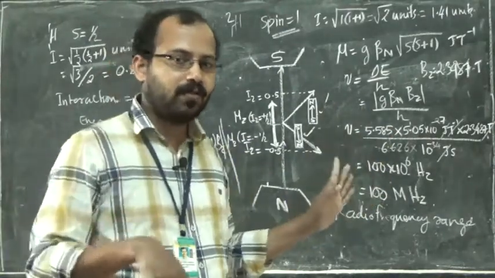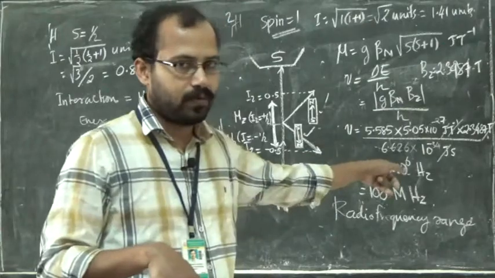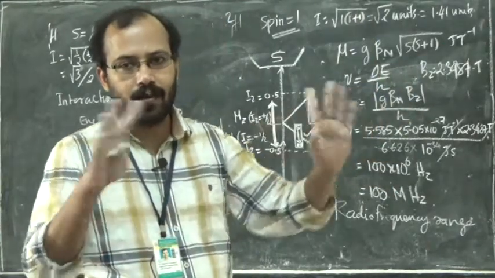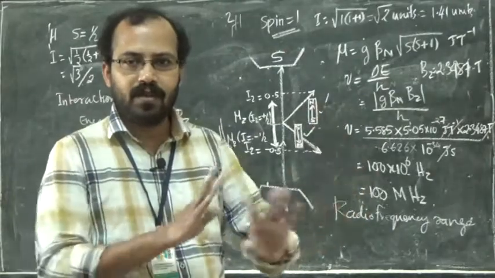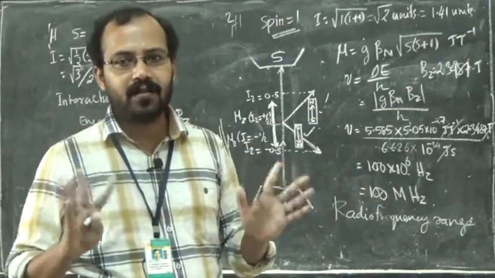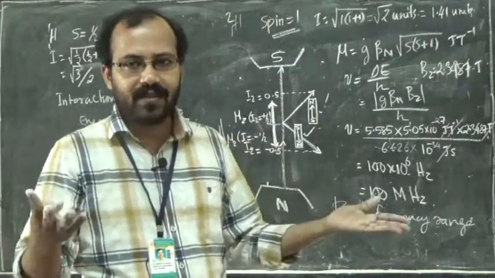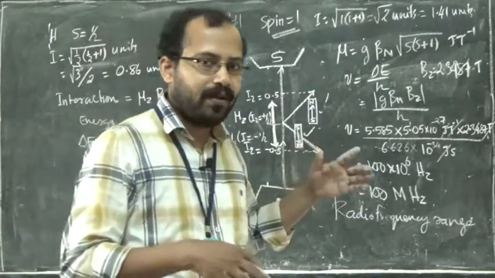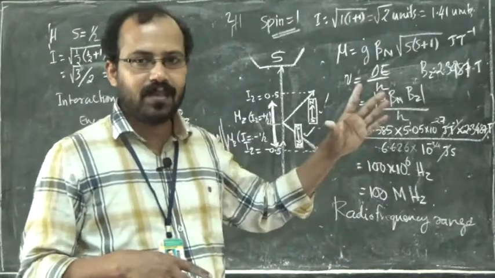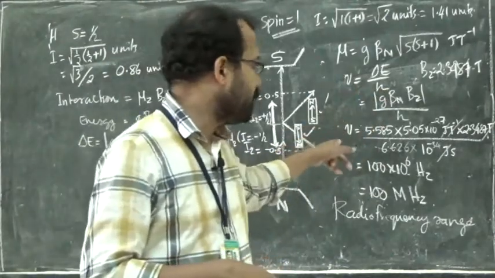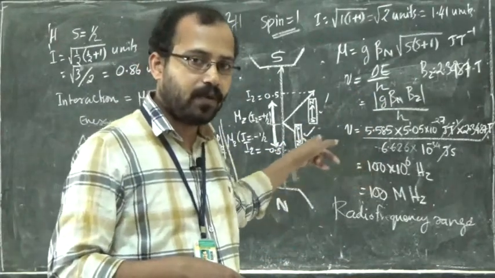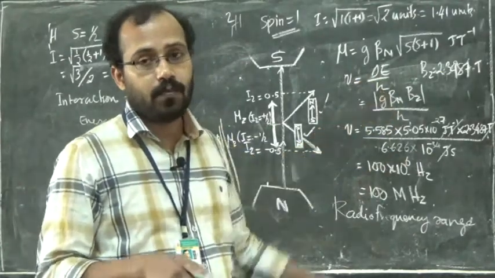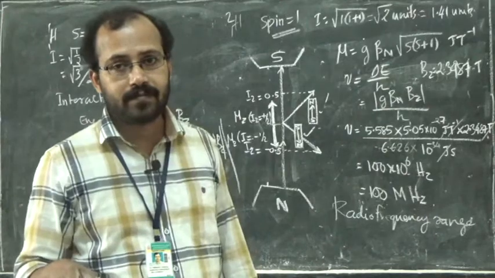For such a nucleus only I have calculated this frequency. So, if you are placing a bare hydrogen nucleus, don't ask me how, but hypothetically, in an external magnetic field, that bare hydrogen nucleus will have the alpha spin state and beta spin state, and the energy difference between those spin states will be equal to 100 megahertz if the field is 2.3487 Tesla.